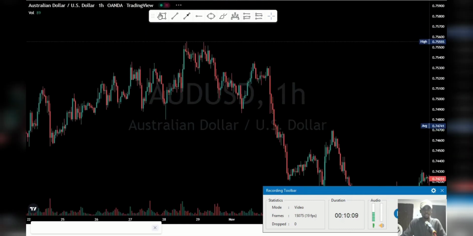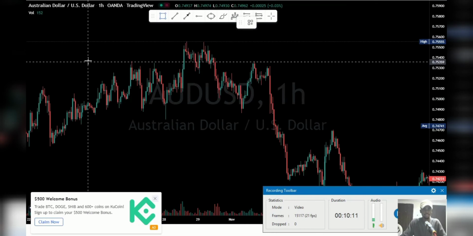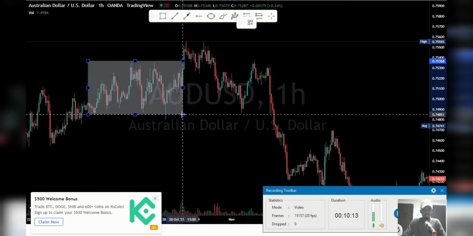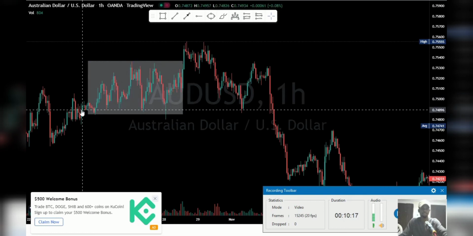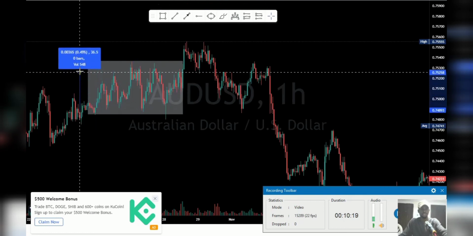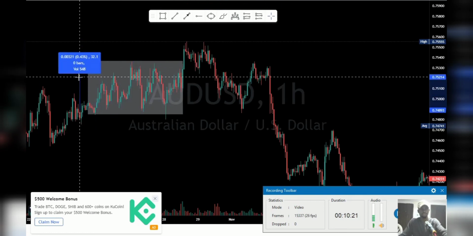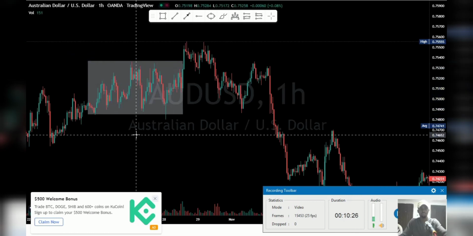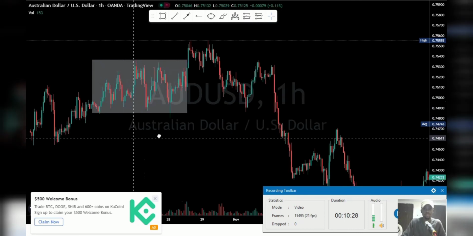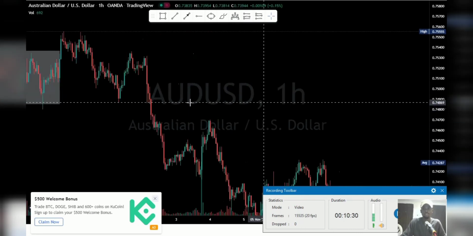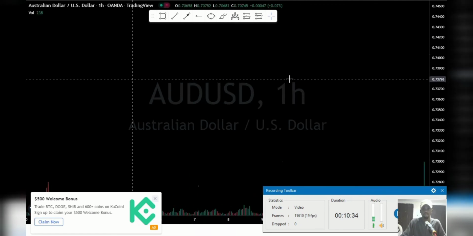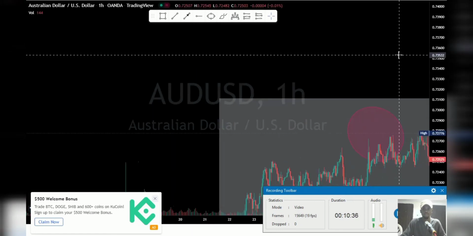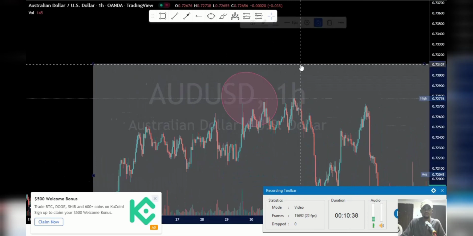So guys, this is another ranging market. This type of market is not advisable to trade within. Just stay out of this market and look for a nice structure or a nice pattern. But let's go back to the first one that we caught here, this one.